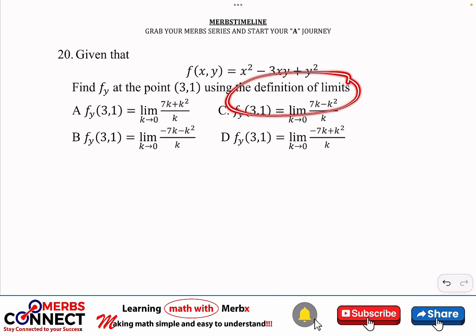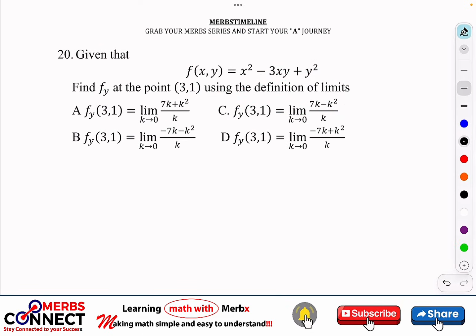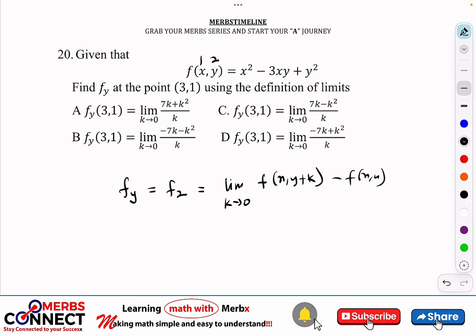Okay, let's use the limit definition to do this. Now, when you see f sub y, this is the same as f sub 2, because this is 1 and this is 2. So this means that we need to use the limit definition. So what are we going to do? This is going to be the limit as k approaches 0 of f of x, y plus k, the change is on y, minus f of x, y, divided by k.